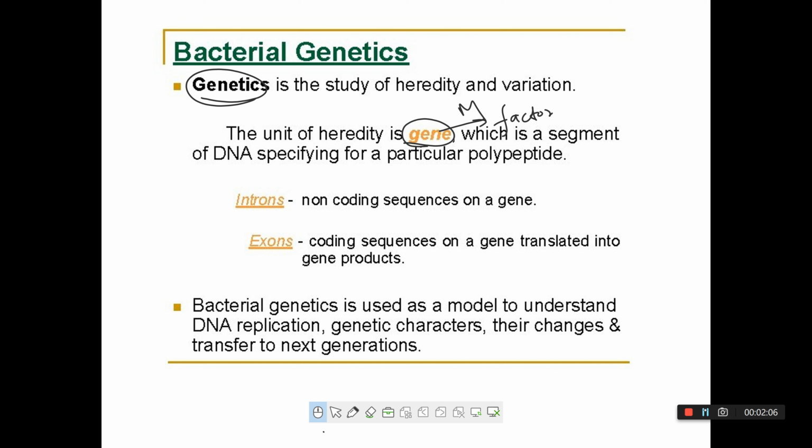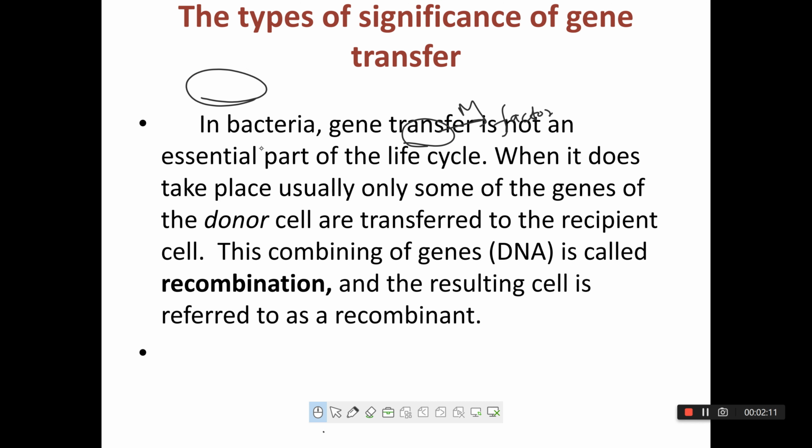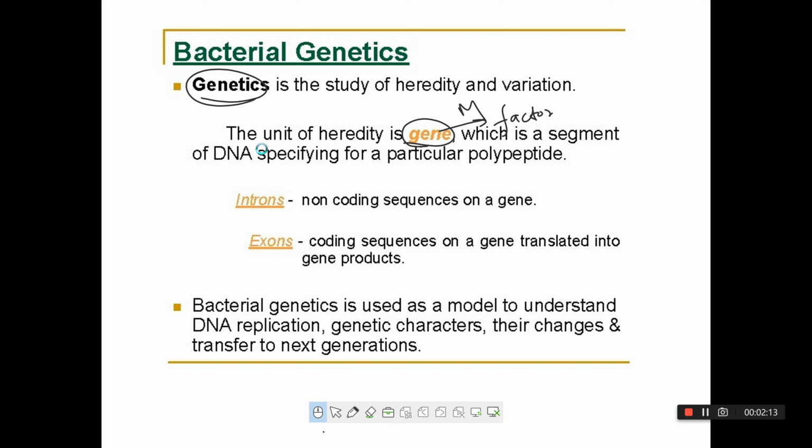A gene is a segment of DNA. This is a DNA, and the gene is a segment of this DNA. It specifies a particular polypeptide.